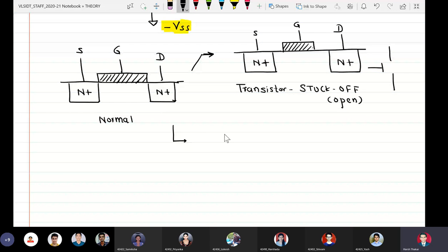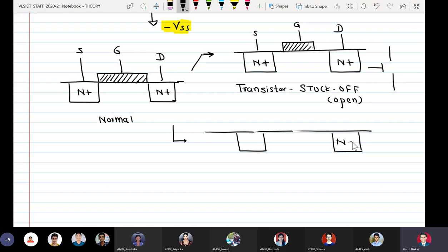Similarly, if this structure gets contaminated in this way, wherein I have the source, I have the drain, and then there is penetration like this, goes inside, drain.